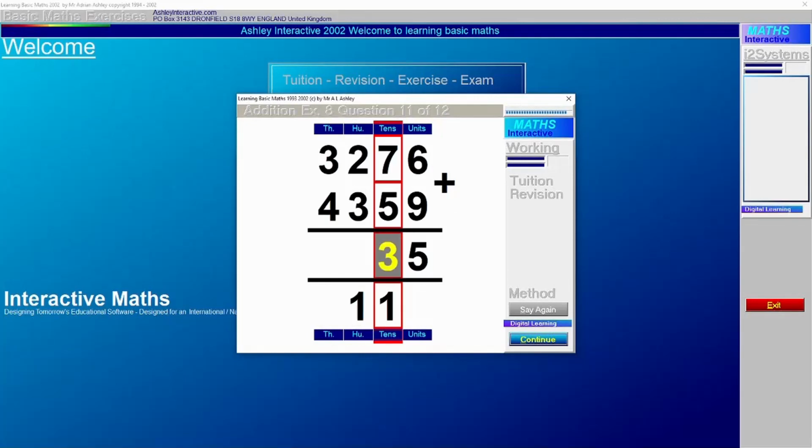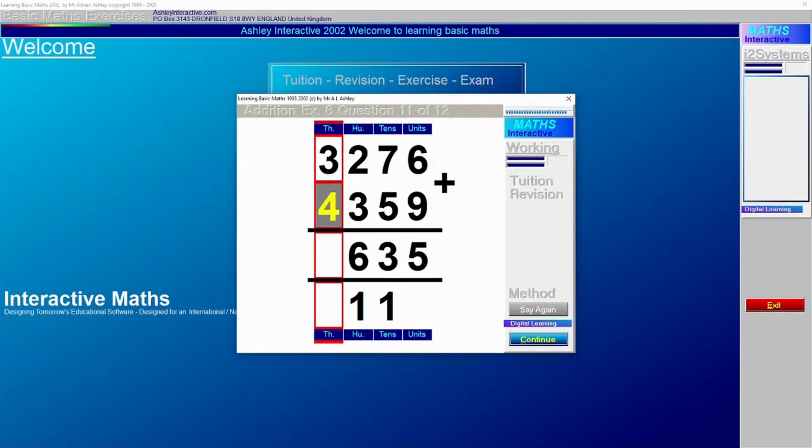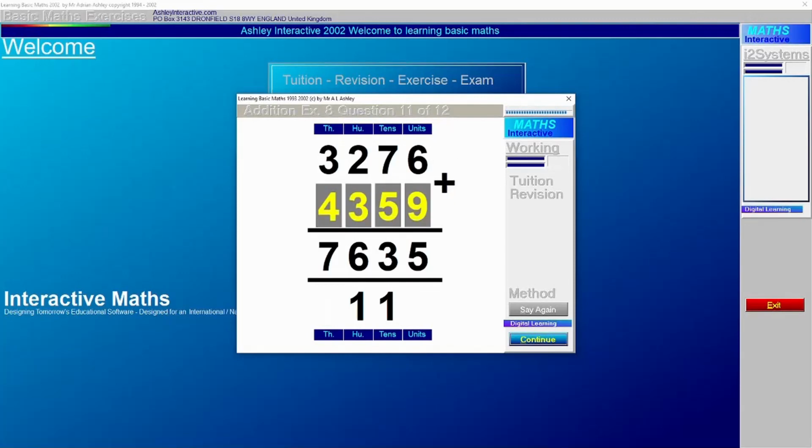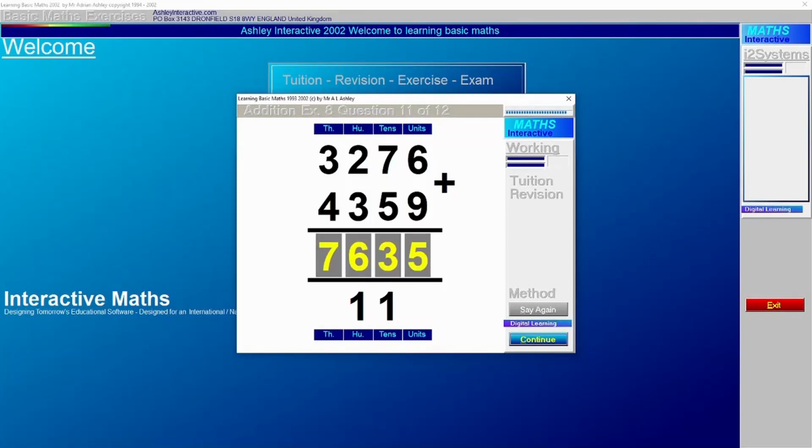Carry 1. 3, 2 add 3 add 1 is equal to 6. 3 add 4 is equal to 7. 3,276 add 4,359 is equal to 7,635.